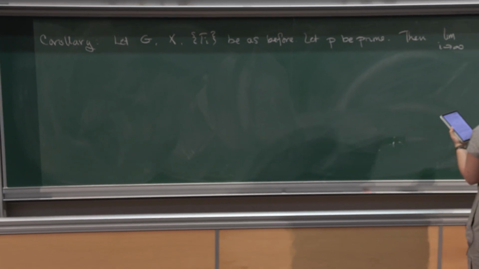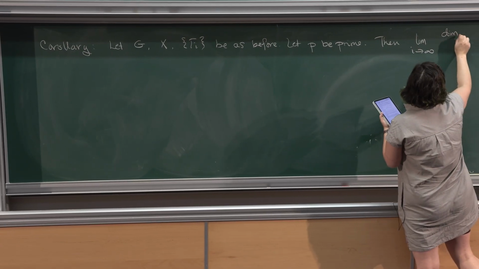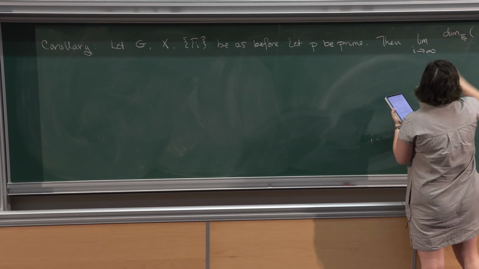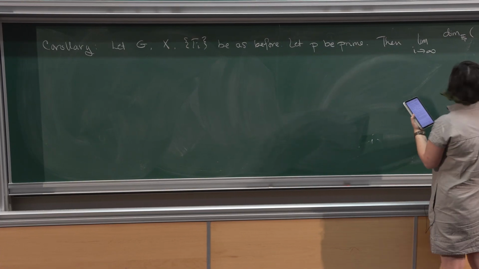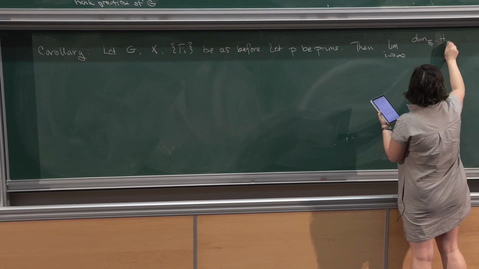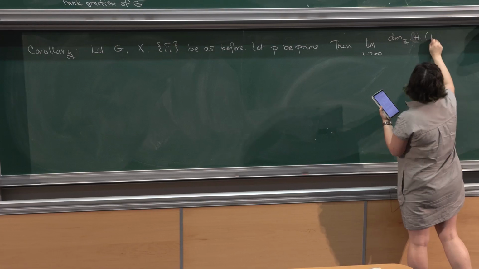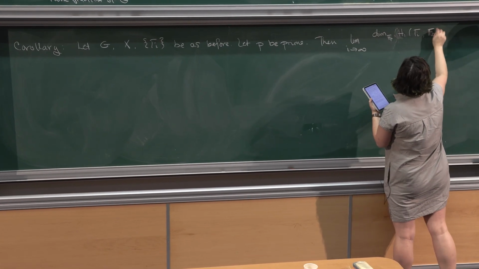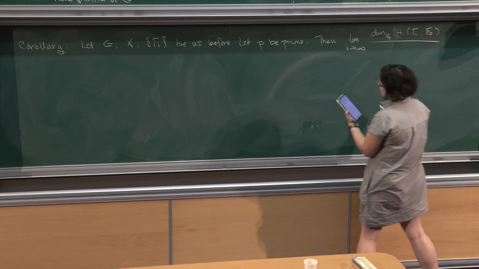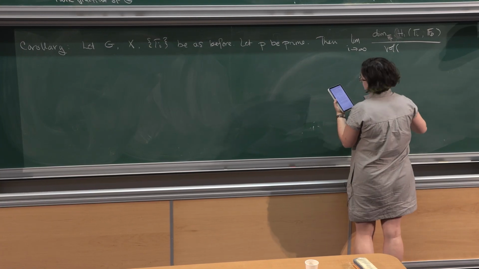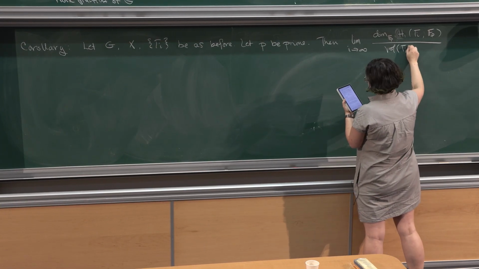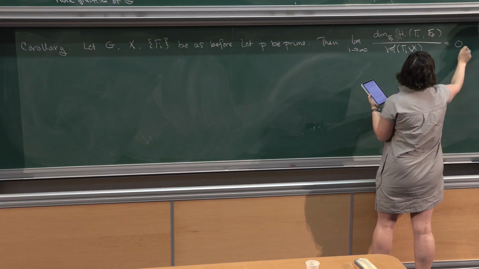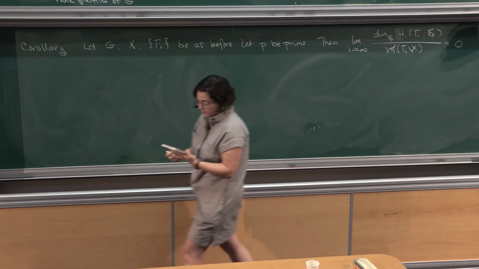Okay, so we take this limit, we take the dimension of the mod P first homology group of gamma I, divide by the volume of the manifold, and this is equal to 0.